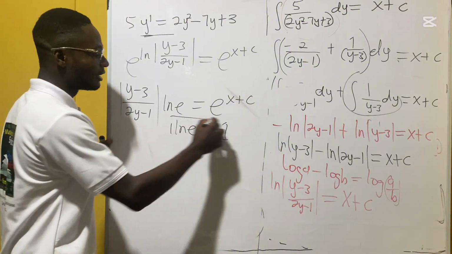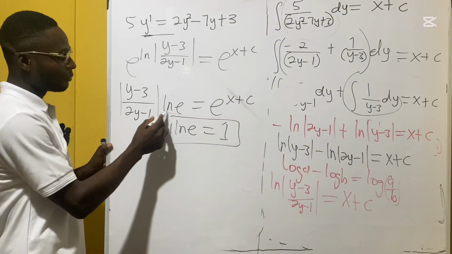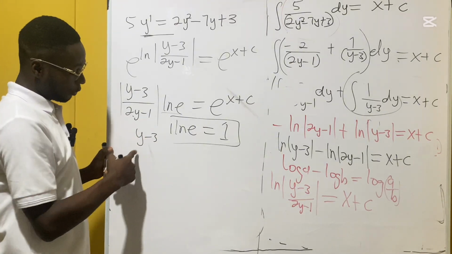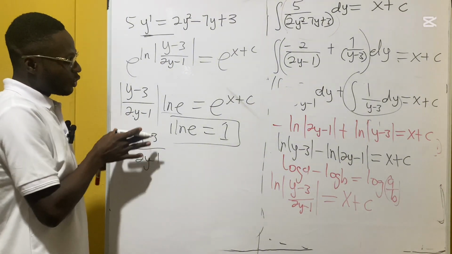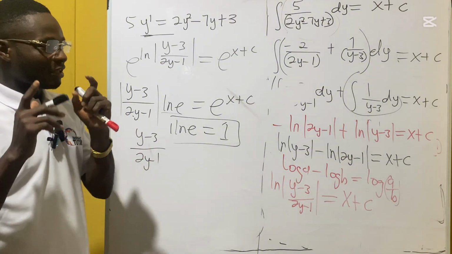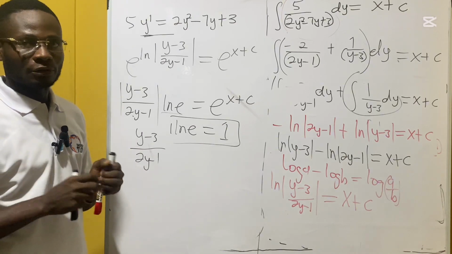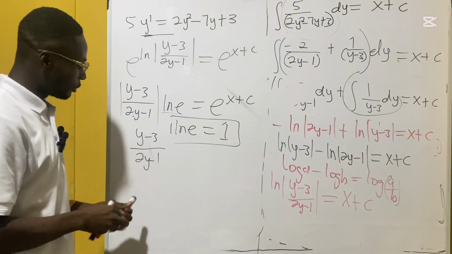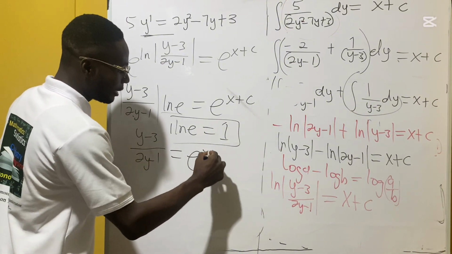So once we know that this is 1, the whole of this here will go off, because 1 multiplied by everything is the same thing. So we have y minus 3 on 2y minus 1. The absolute is, of course, because we are interested in the positive numbers, so we can now do away with the absolute sign. So this should be equal to e power x plus c.